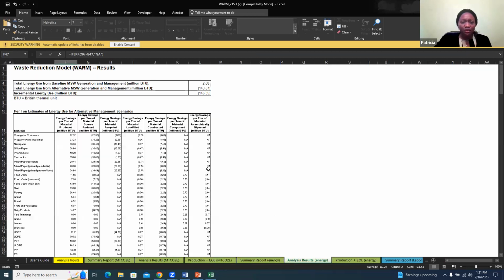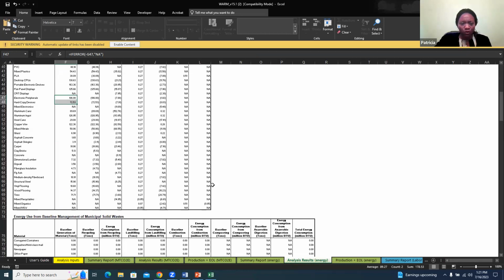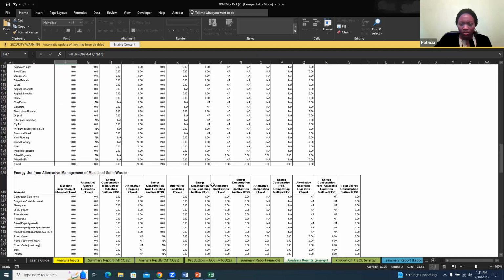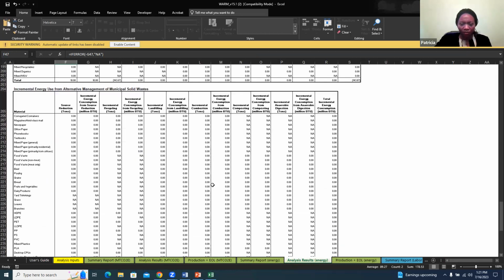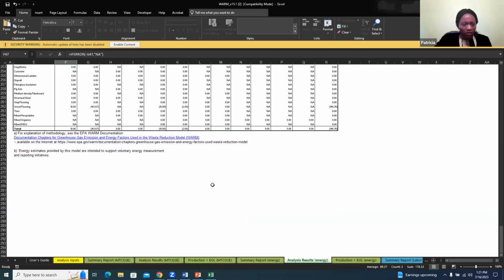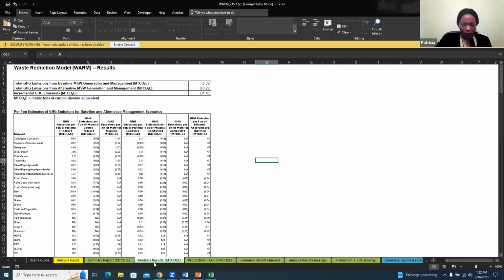And when it gives you the result in the energy savings, if you scroll down to the end, you'll see some notes telling you what it means. It will describe the scenario for you. And then I'm coming back to this analysis results here to see.